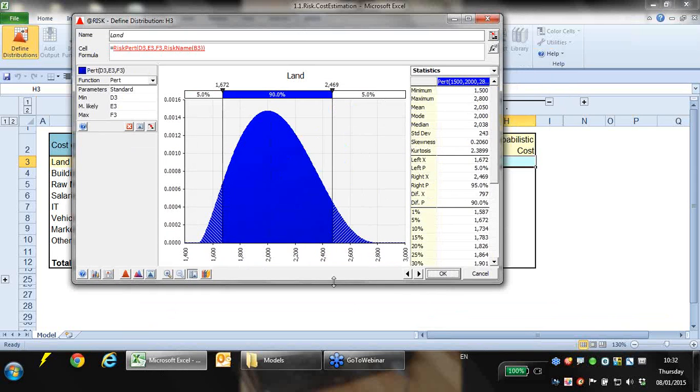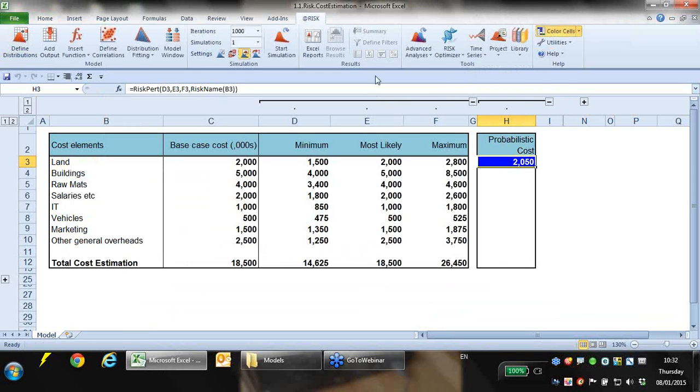If I click OK, At-Risk has now populated this cell with that distribution. We can see that in this cell we've got a PERT distribution, and this risk name bit was generated when I said I want this to be called land. So it's all function driven like Excel normally is.